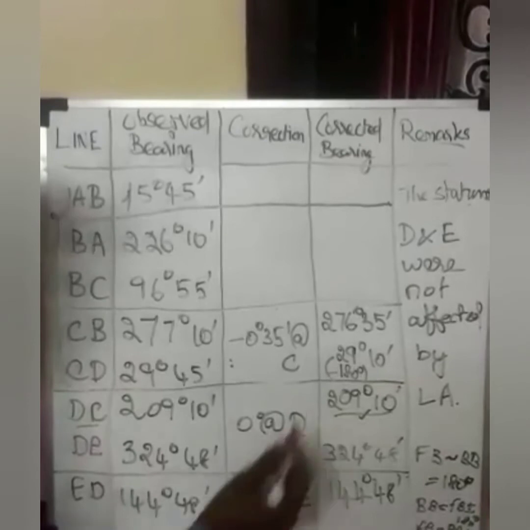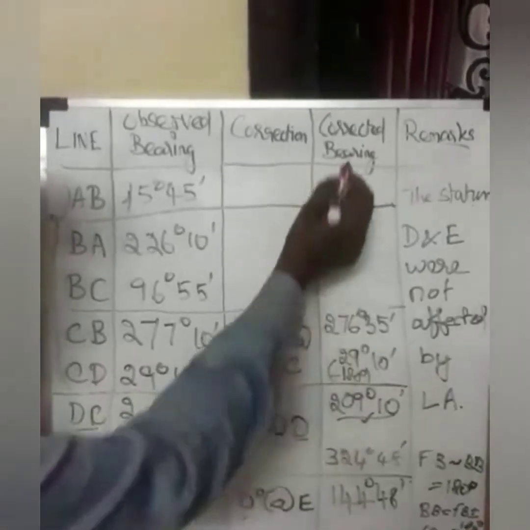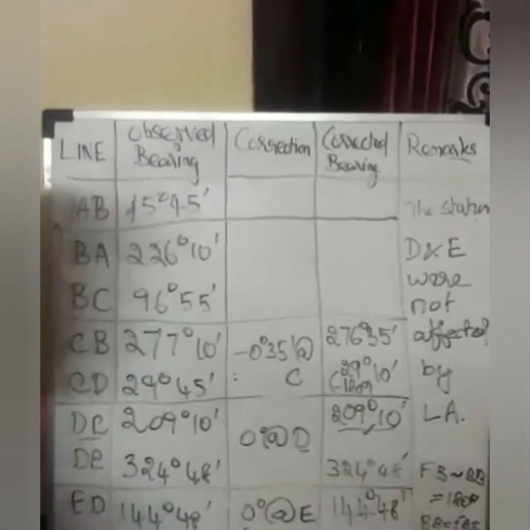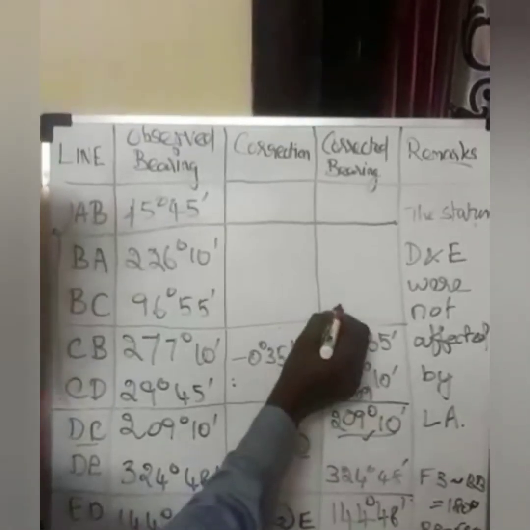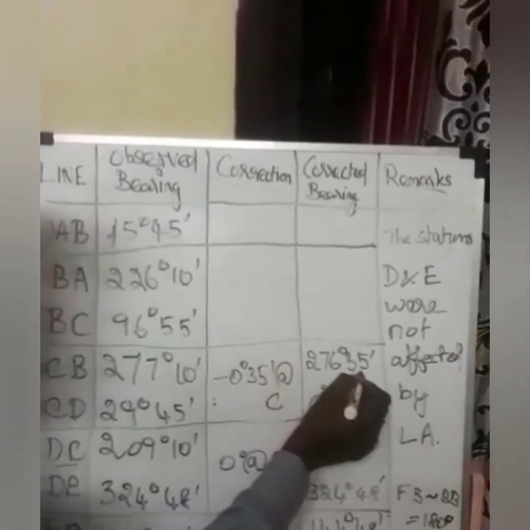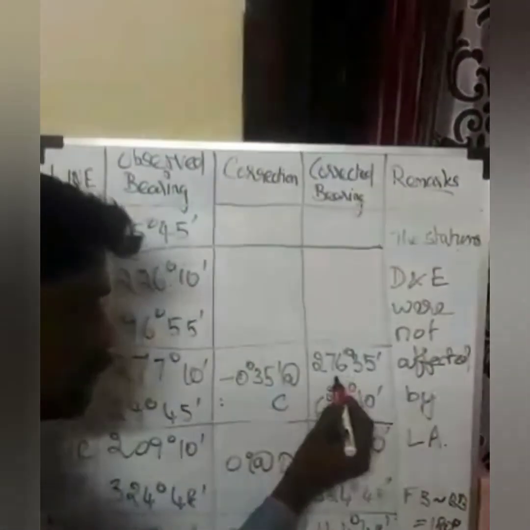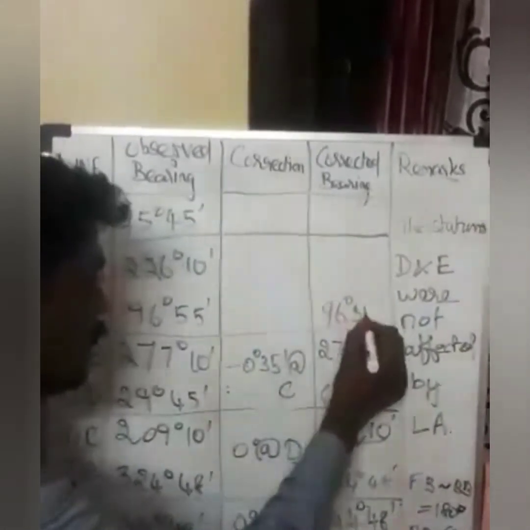By using this corrected value, we can find the corrected bearing of line BC using the given condition. I know the back bearing; what is the forebearing of this line? Forebearing equal to back bearing plus or minus 180 degree. It is also greater than 180 degree, so subtract 180 degree from the corrected one. Minus 180 degree is equal to 96 degree 35 minutes.